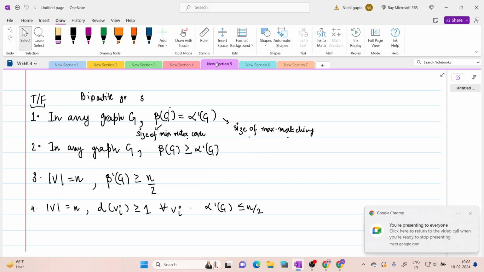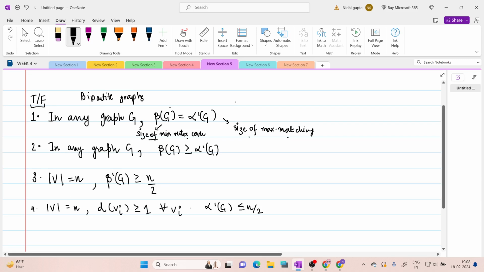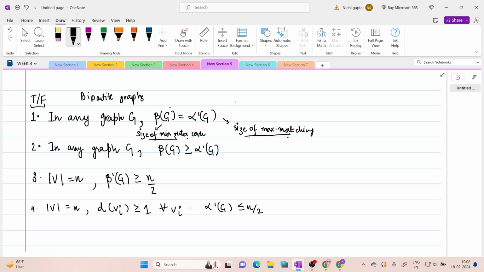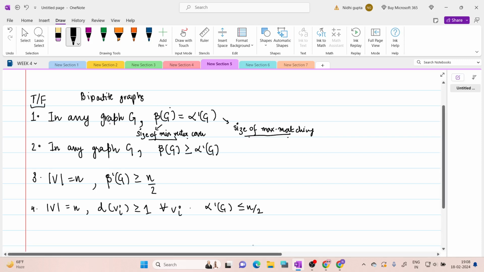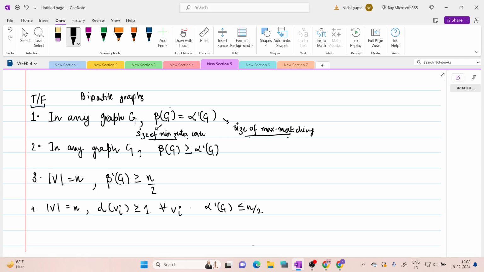So for a bipartite graph, we have Koenig's theorem, which says that the size of the minimum vertex cover is equal to the size of the maximal matching. Now the first statement is asking, is this true in general? What do you think? Is it true for general graphs also?